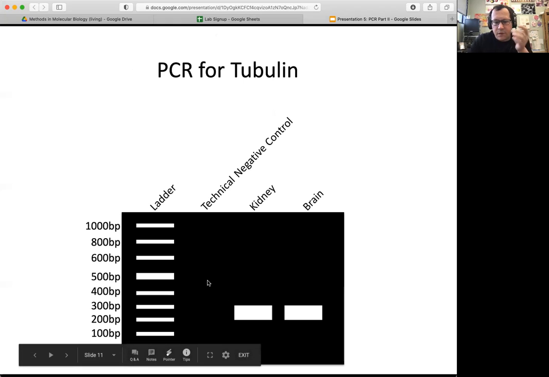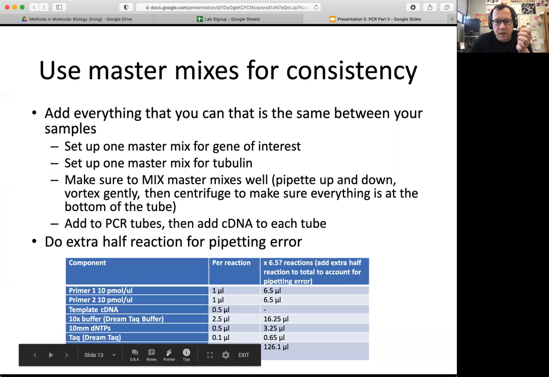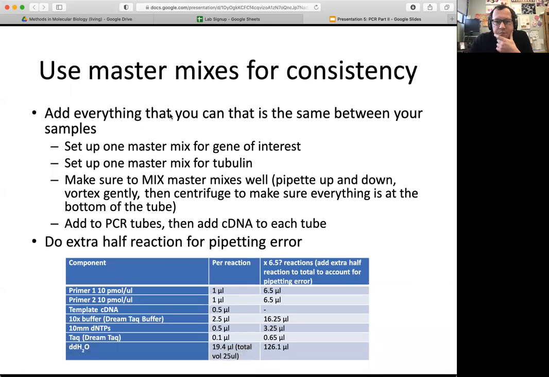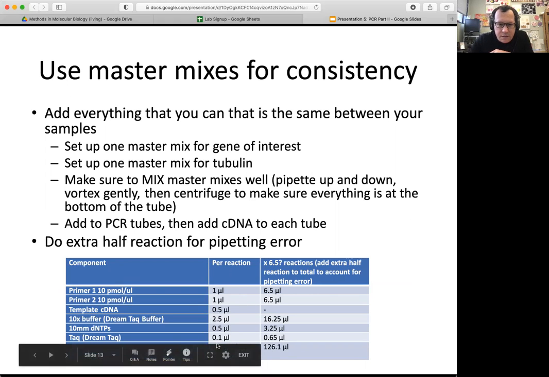Okay, so you're going to set up what's called a master mix. We use master mixes for the sake of consistency across our reactions, right? If this is our reaction, we're going to have our primer, our template cDNA, our buffers, our dNTPs, our Taq, and some water. We're going to multiply all these numbers times whatever.